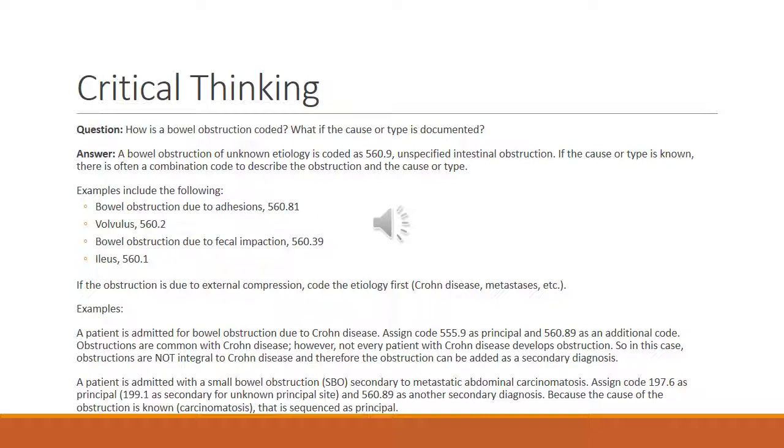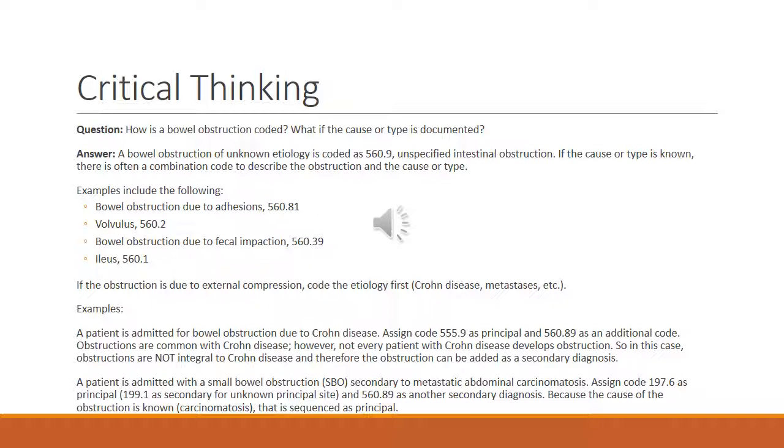Obstructions are common with Crohn's disease. However, not every patient with Crohn's disease develops obstruction. So in this case, obstructions are not integral to Crohn's disease, and therefore the obstruction can be added as a secondary diagnosis.